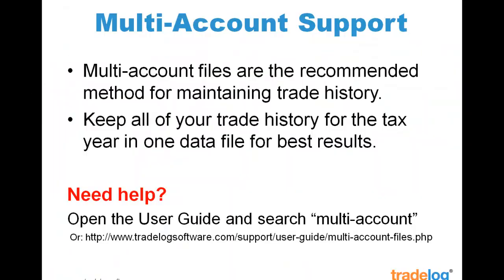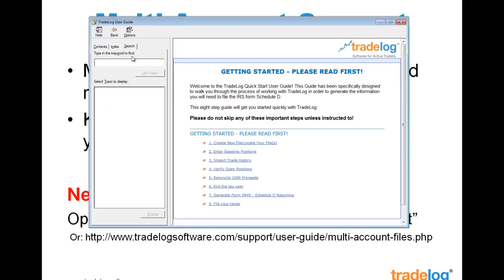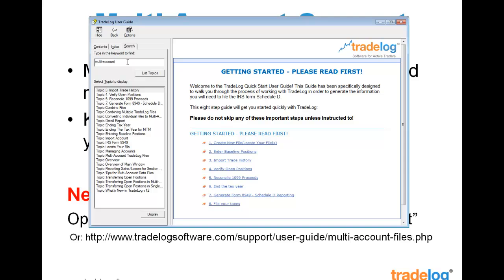Now, if you haven't yet become accustomed to this, you're not sure what we're talking about, maybe you've just opened TradeLog for the first time, you can get help by opening the user guide in TradeLog, and you can search the word multi-account. We'll go to the search, and I can type multi-account, and it's going to show a lot of different topics that affect this.